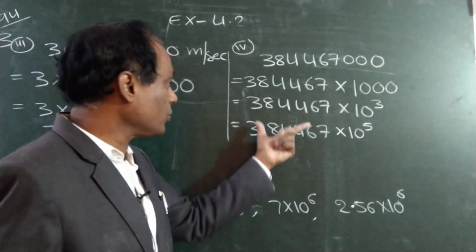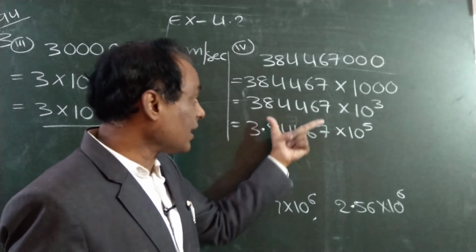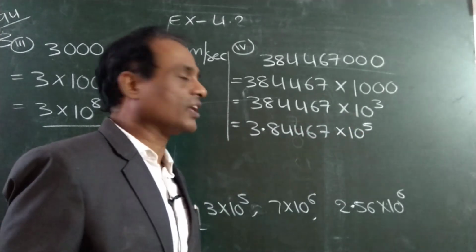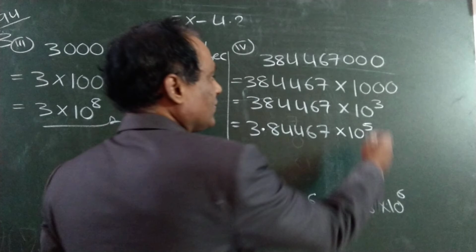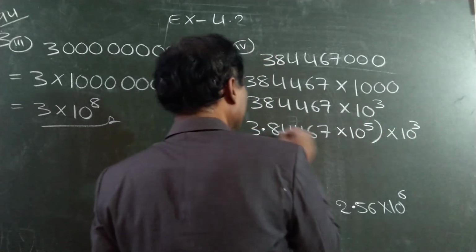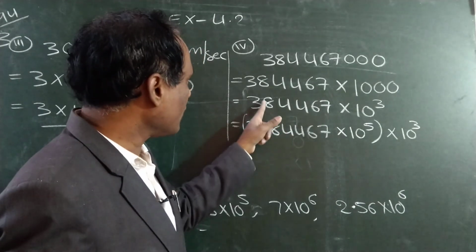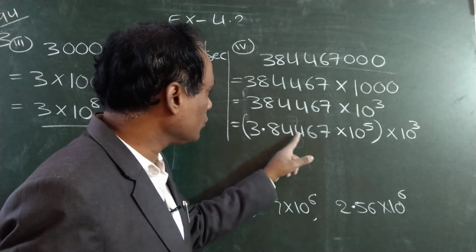So if I forcefully put the decimal here, to compensate and keep the value the same, I should write 10 power 5, for the 5 places. So that if you multiply these two, we will get the same number. This 10 power 3 is the same. I want the decimal here; after the decimal how many digits? 1, 2, 3, 4, 5.